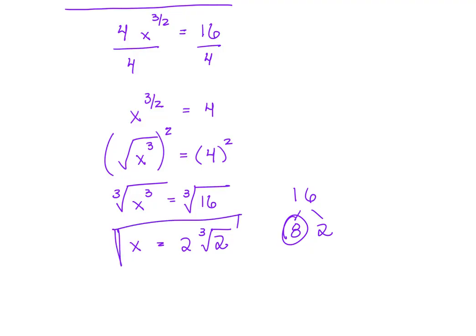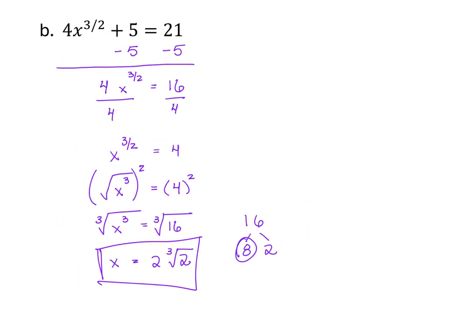This is our final answer. Notice here we took a cube root of both sides, which means that we don't have to do plus and minus. Remember that we only do that with square roots or even roots. And so this one is pretty straightforward. We don't have to remember any tricks or anything like that.